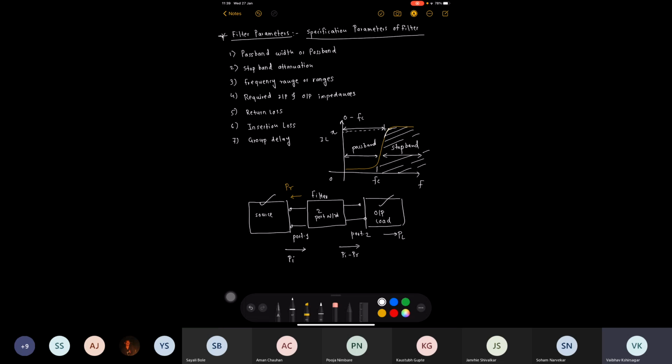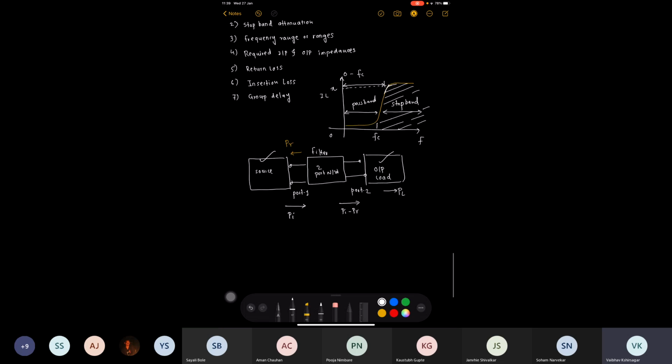Now from these different definitions of power, I will elaborate the calculation of insertion loss and return loss. So how is the insertion loss given? The definition of insertion loss, or in a simple way we call it IL, is expressed in the dB, decibel scale.